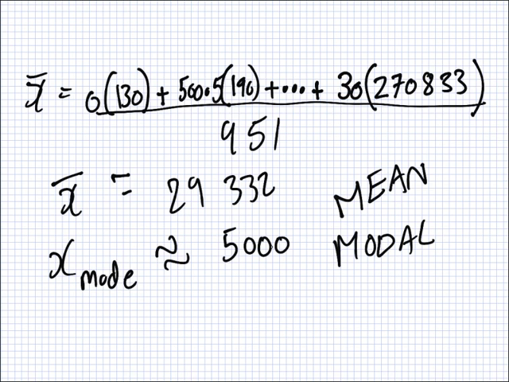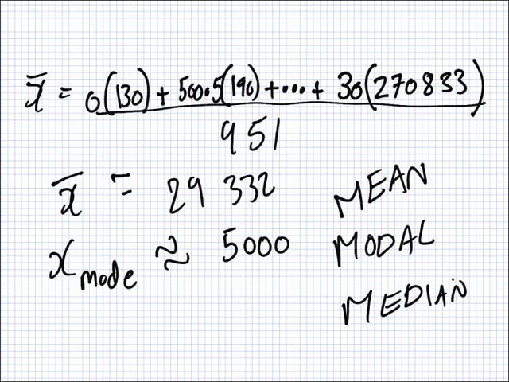And what about the median? Well, we don't count the don't knows. So we have about 951 people. So the middle of 951 people is about person number 476, something roughly like this.